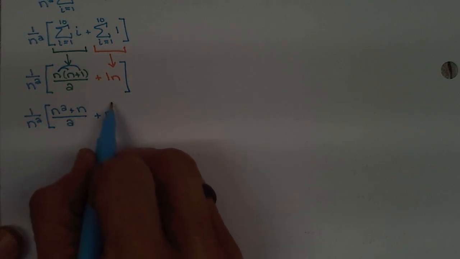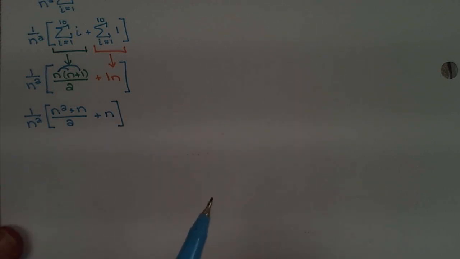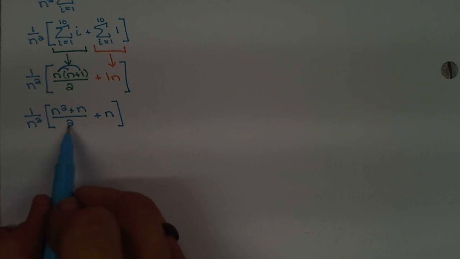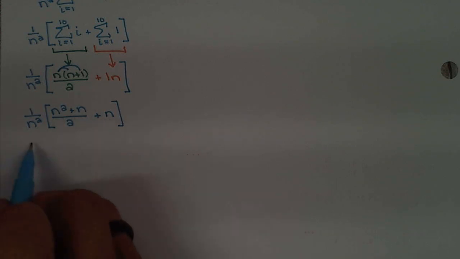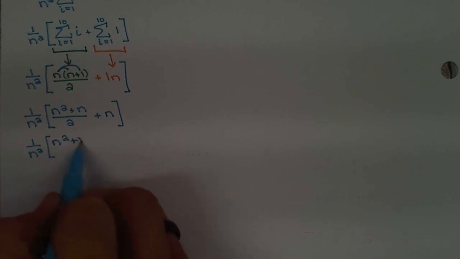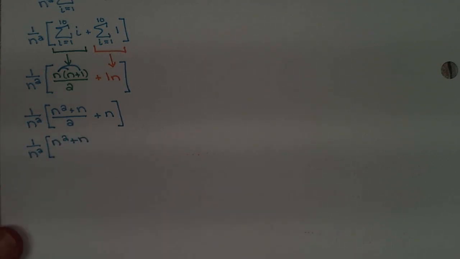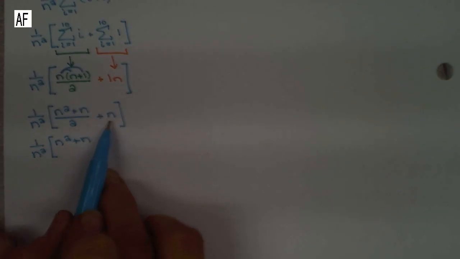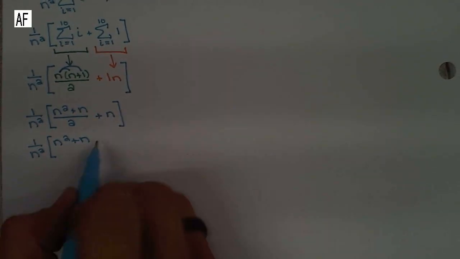I'm just going to put an n. Now here, if I find a common denominator, the common denominator would be a 2. So here's my 1 over n squared still here. I'm going to have an n squared plus n because that's already over 2. I don't have to multiply it by anything. But this n needs to be multiplied by a 2 over 2 to get a common denominator. So that's going to make that a 2n. And now over that common denominator of 2.